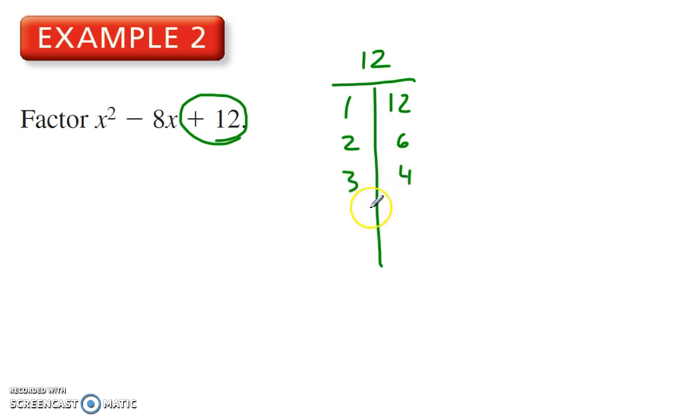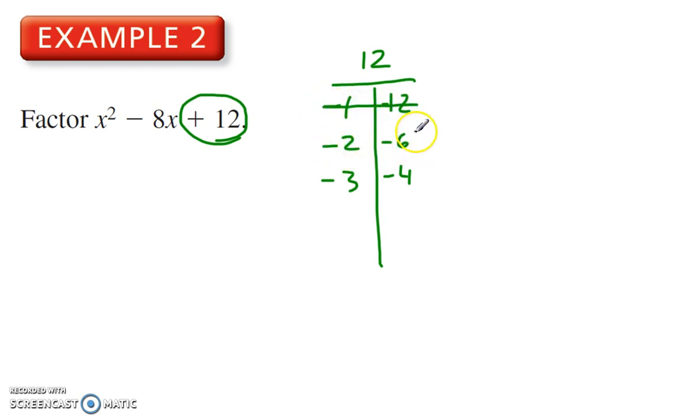Now, I know that this is positive, so either both of these are positive or both of them are negative. Since the middle term is negative, no positives. If I just add positives, I'm never going to get a negative. So I'd have to make them both negative. Let's try both negative. Negative 1 and negative 12 gives me negative 13, so that's no good.